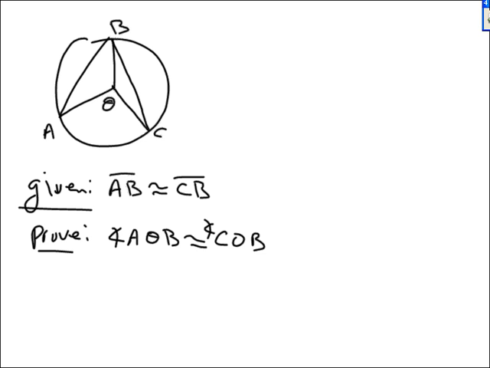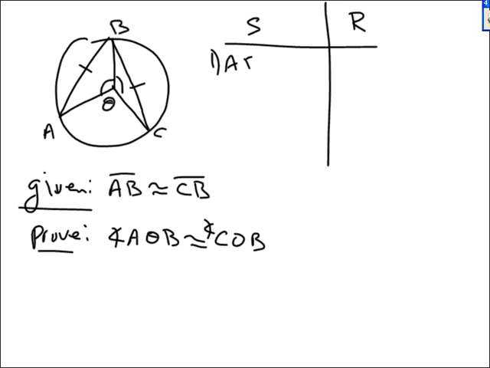Basically I want to show that those two angles are congruent. We're given that AB and CB are congruent.